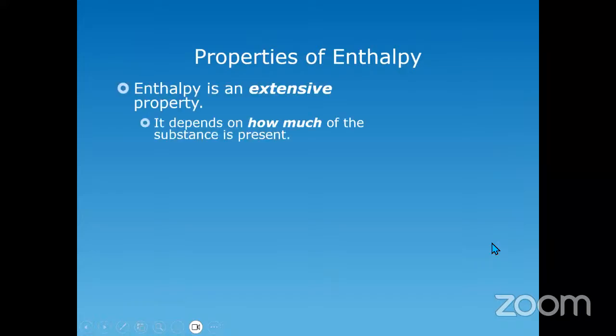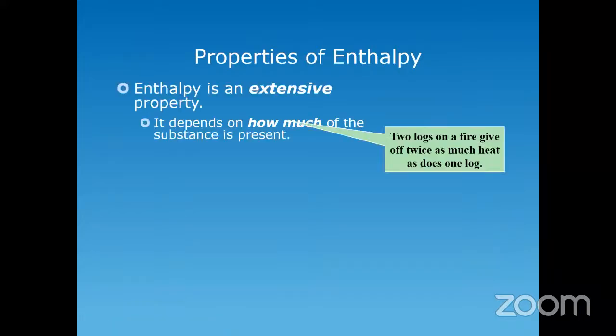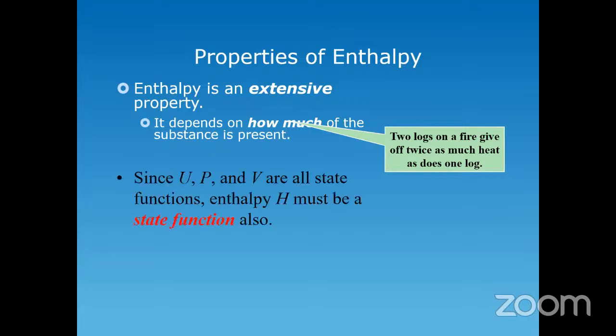Very important that you understand some of the properties associated with enthalpy. Enthalpy is an extensive property. It depends on how much of the substance is present. So in other words, the greater the amount of substances involved in the reaction, the greater would be the enthalpy change. The internal energy, pressure, and volume are all state functions, which means that enthalpy is a state function as well.